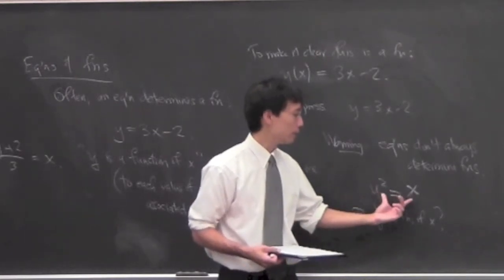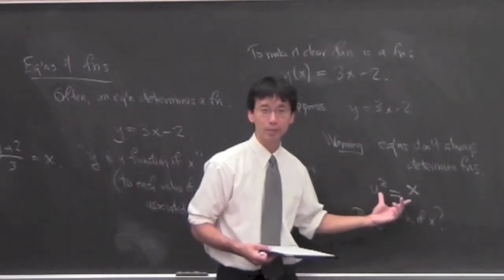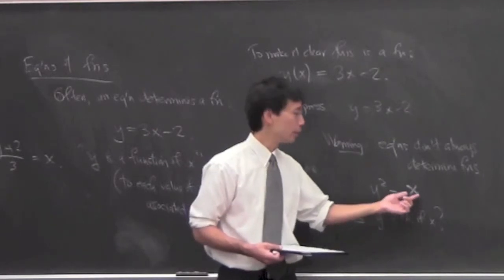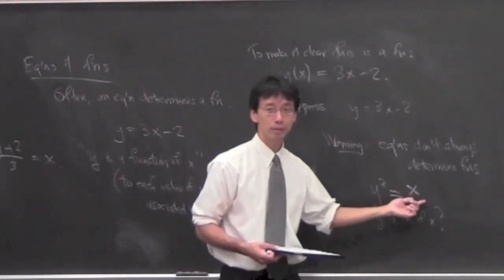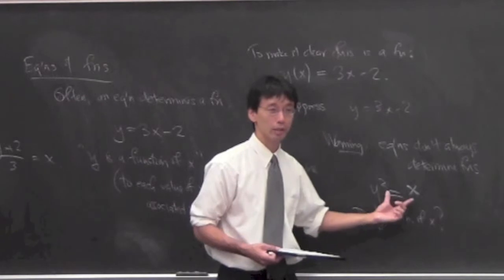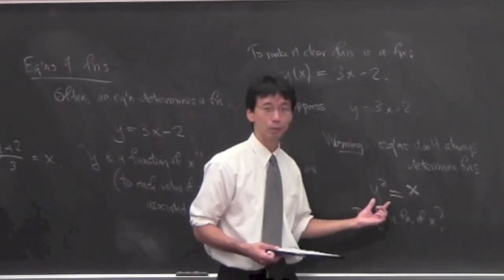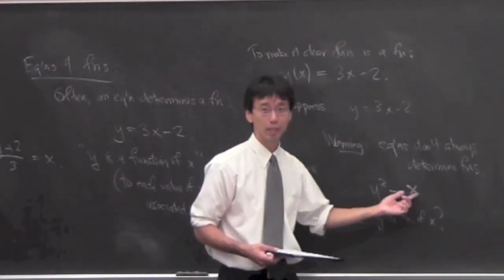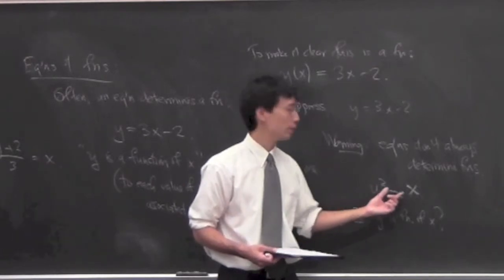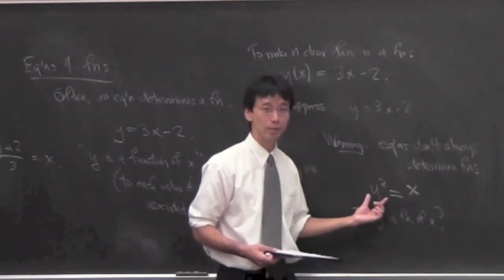So there's not a well-defined way, basically. For each value of x, there are often two possibilities for y. If x is 1, y could be plus 1 or minus 1. If x is 4, y could be plus or minus 2.